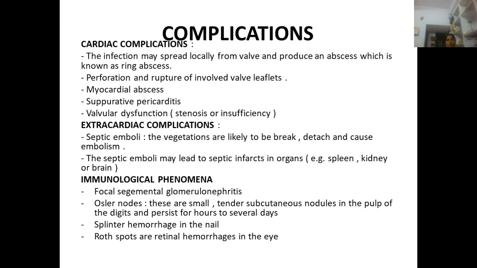Now the complications. The complications of infective endocarditis are cardiac complications, extracardiac complications, and immunological phenomena. Cardiac complications may spread locally from the valve and produce an abscess known as a ring abscess. There may be perforation or rupture of the involved leaflets, myocardial abscess, suppurative pericarditis, and valvular dysfunction.